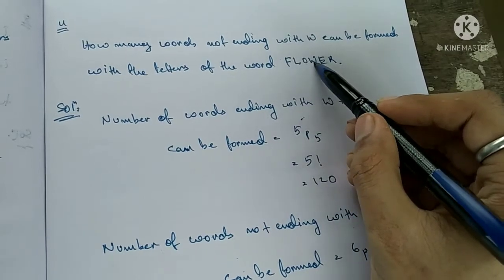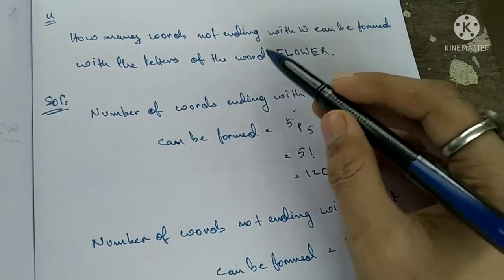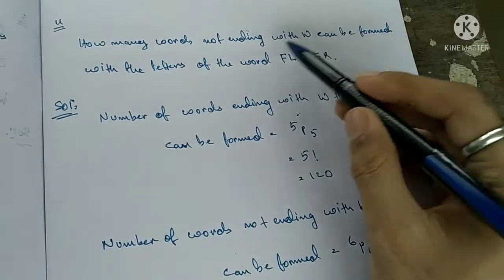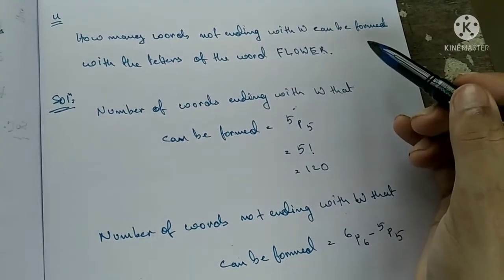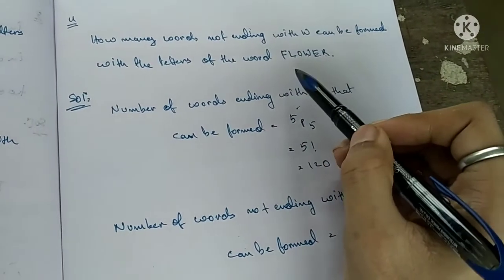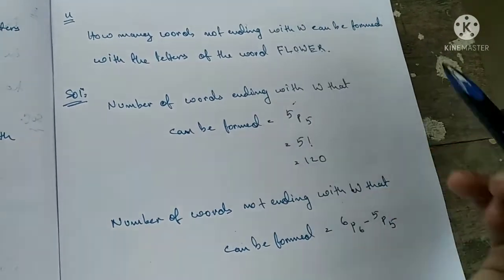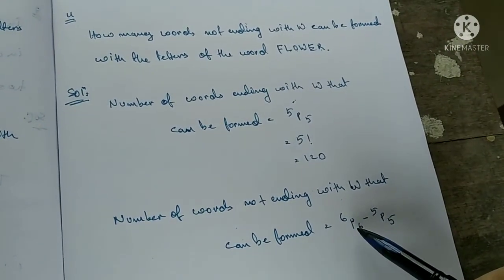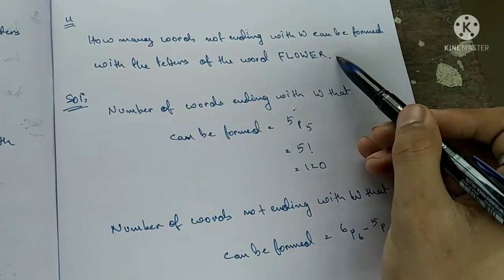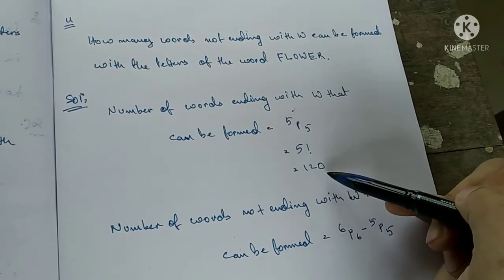In here 1 2 3 4 5 6, 6 letters are there. Taking all the 6 letters at a time, how many ways these 6 letters can be arranged, that is 6p6. And the total number of words ending with W is 5p5, which ultimately gives me 120.